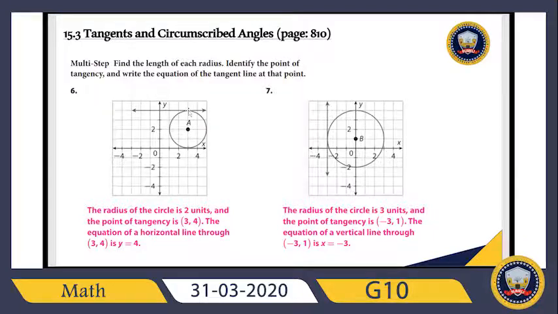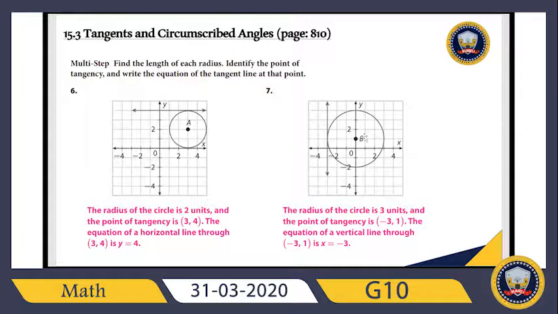Now, we answered the first part of the question. The second part asks for the equation of my tangent line. What is this equation? Of course, it's y equals 4. Look, this is 2 units, this is 2 units. So y equals 4. This is the equation of the line here.